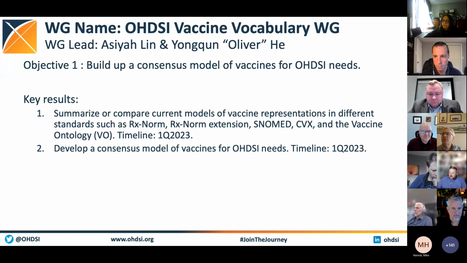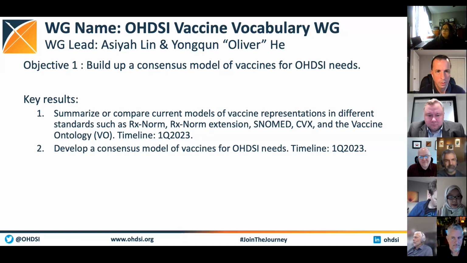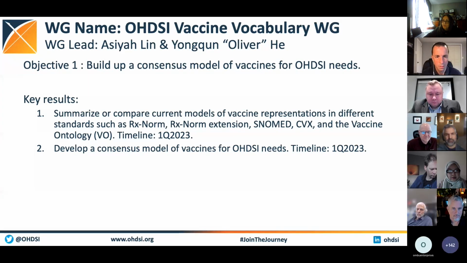Hi, for the OHDSI vaccine vocabulary working group, we started reviving this group this year. Objective 1 is we want to build a consensus model for vaccines that will fit OHDSI's needs.